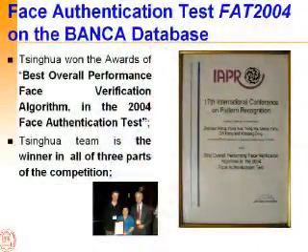In this one, the best performance all belongs to Tsinghua. So we got the best overall performance for a face verification algorithm in the 2004 face authentication testing.